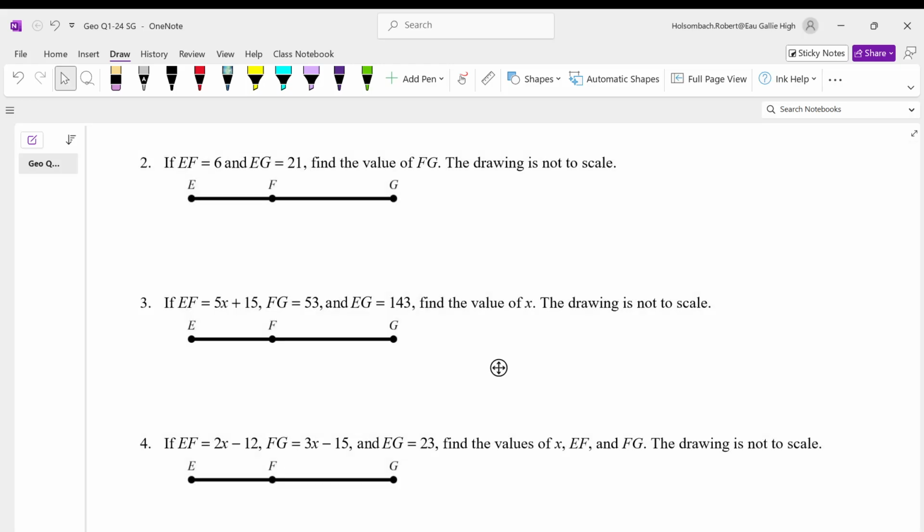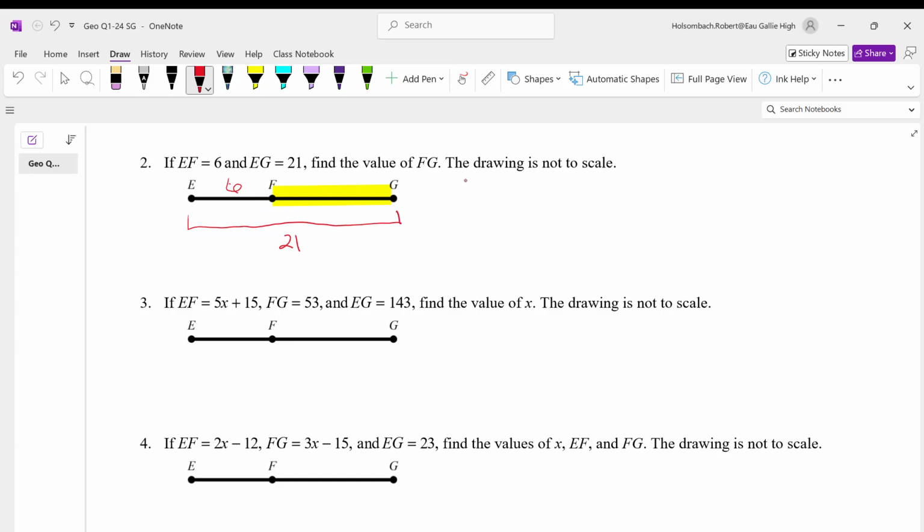All right, problem number 2. If E to F is 6, so EF right here, 6. E to G is 21. So here's your EG, from E all the way to G. That's 21. Find the value of FG. That's this yellow piece right here. So the sum of the 2 smaller pieces is equal to the entire length.